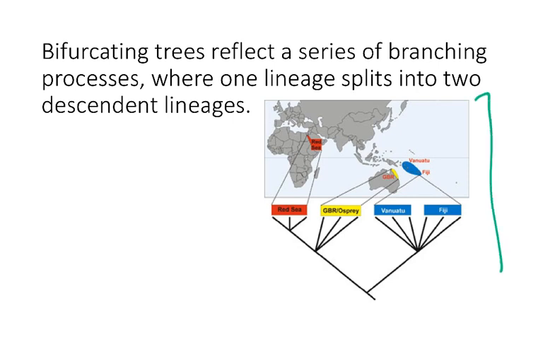So this is the same tree graphic I've shown before. And the main thing to note is that the positioning of taxa on a tree is based on their genetic similarity. So what that means is that if we're looking at these individuals from Fiji, for instance, they're situated next to each other on the tree.